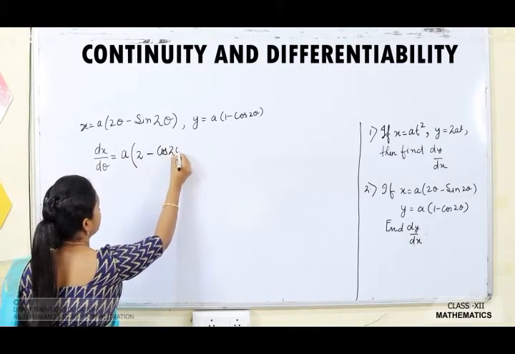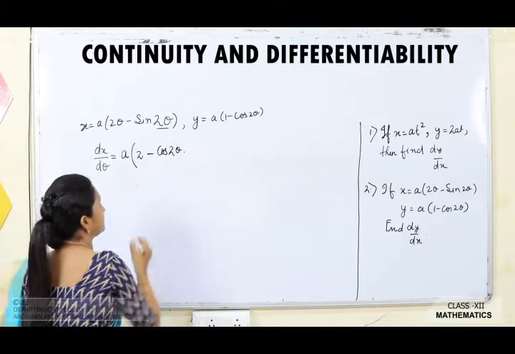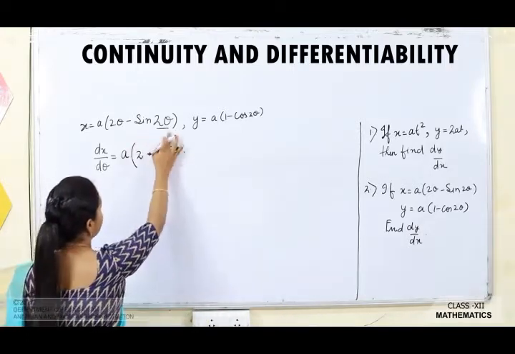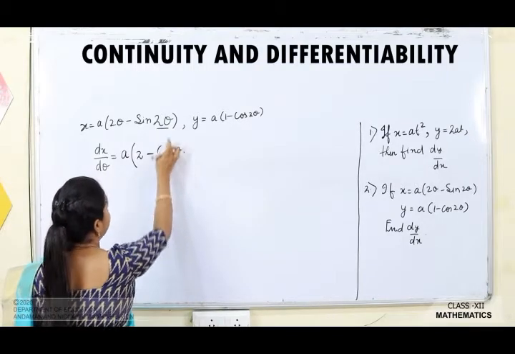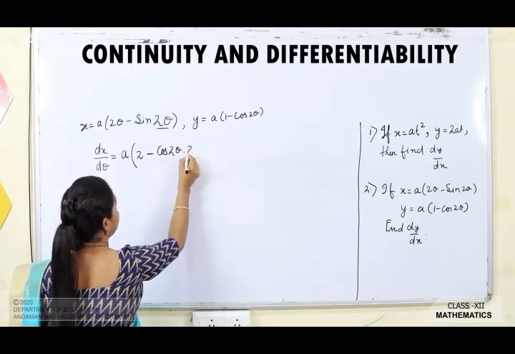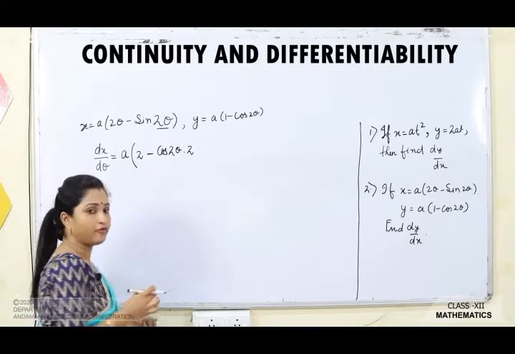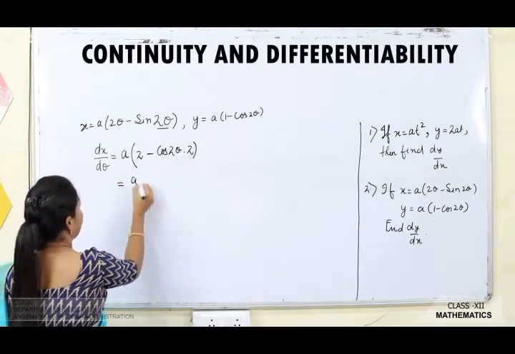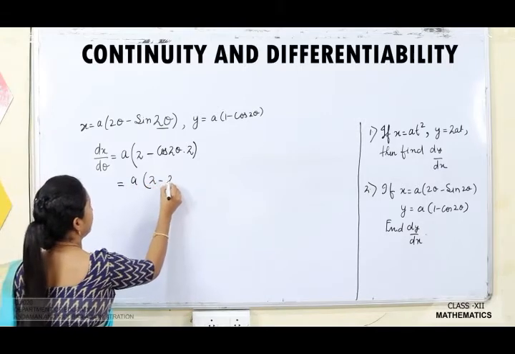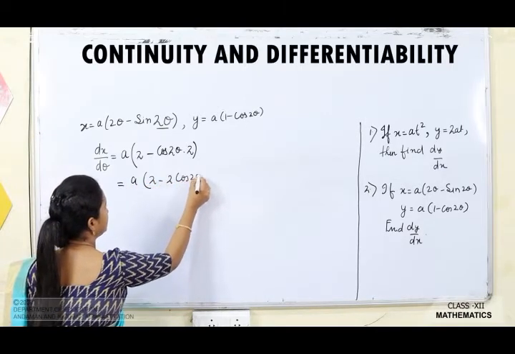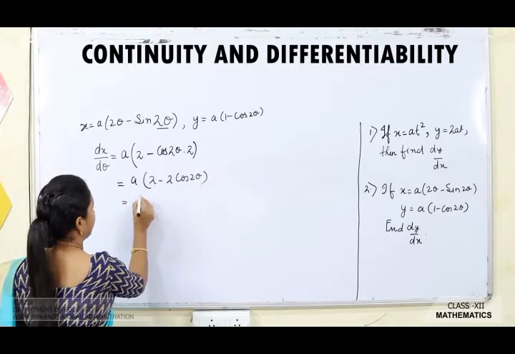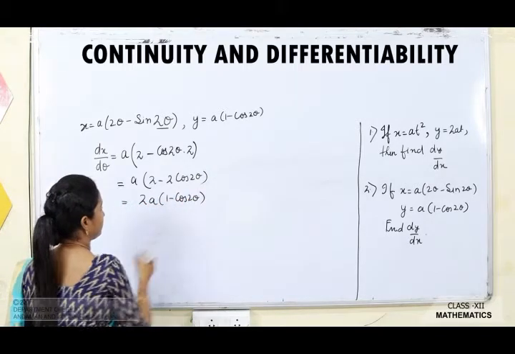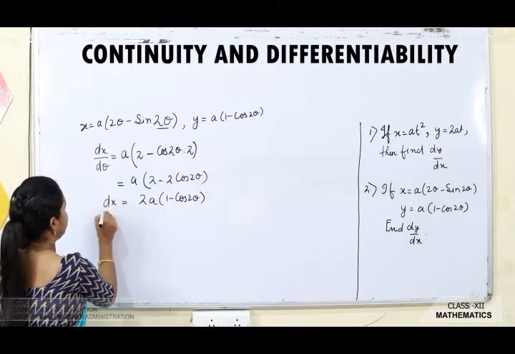The derivative of sin 2 theta is cos 2 theta into the derivative of 2 theta. You have to apply chain rule here. The derivative of 2 theta will be 2, because the derivative of theta is 1, right. So a into 2 minus 2 cos 2 theta, 2 you can take common, so 2a(1 minus cos 2 theta). This is the value of dx by d theta.